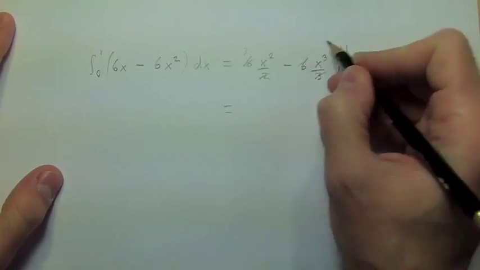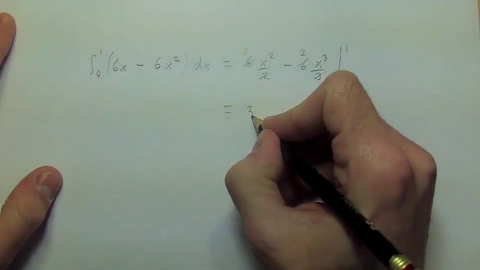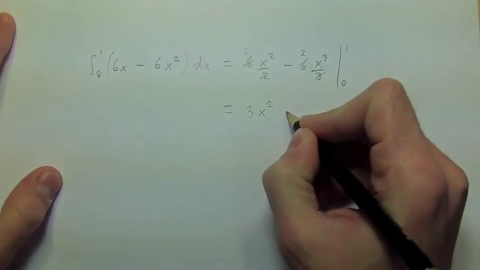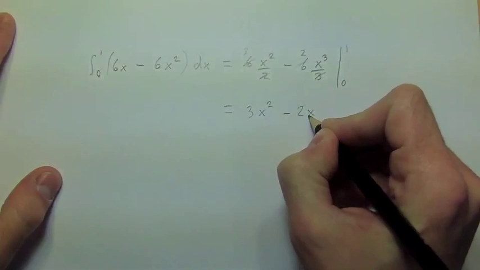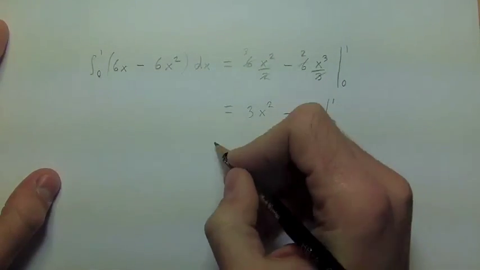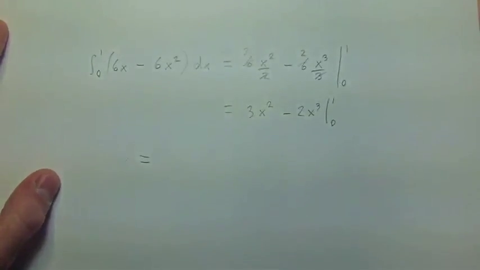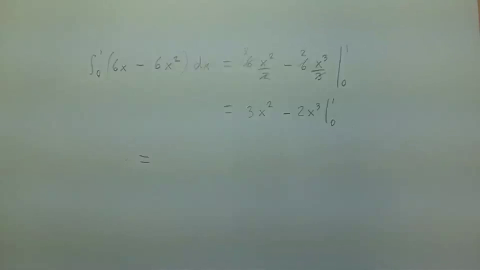The 2 goes into the 6, as does the 3. So this is going to be 3x squared minus 2x cubed, and we're going to evaluate it from 0 to 1. The biggest problem I see people having with this is not distributing the negative signs right and not doing it in the right order.